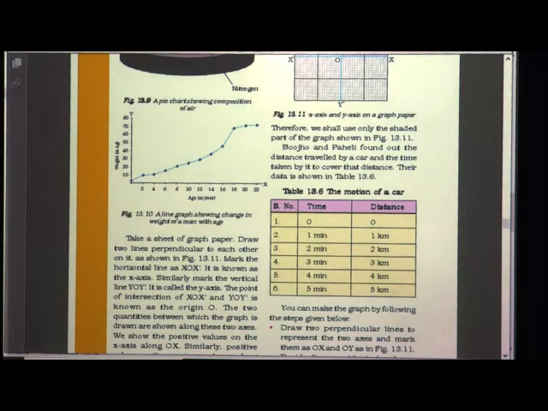So, like this weight and age, you will take readings in this table 13.6. So, you have to make another table 13.6 of your readings. Okay. So, you have to go with your parents on a vehicle, two-wheeler or four-wheeler, and then you have to take readings from the odometer and speedometer, and note them down in this table.